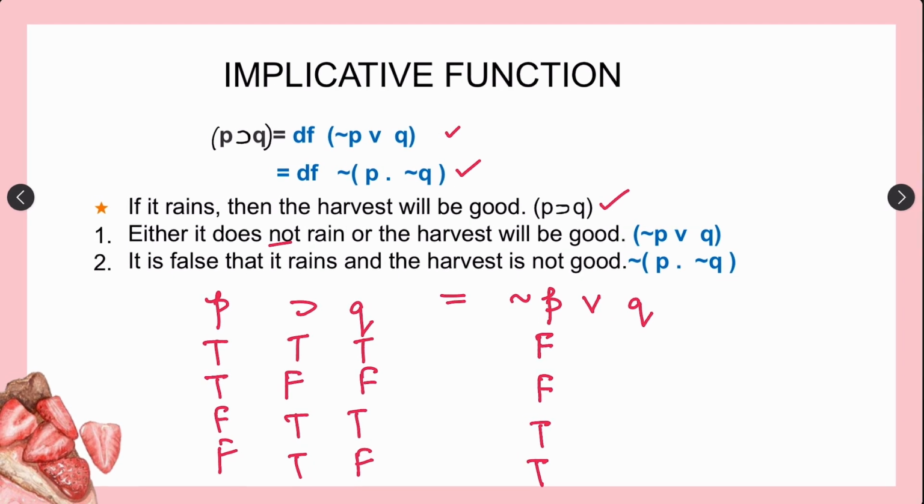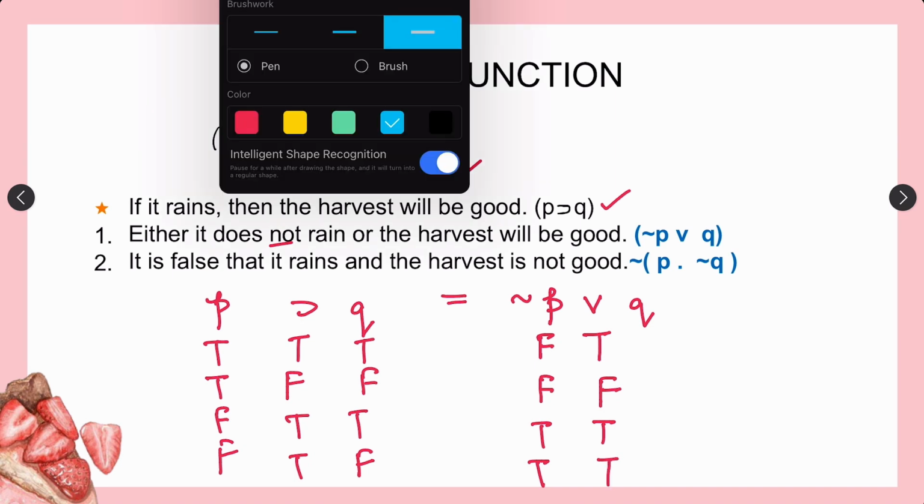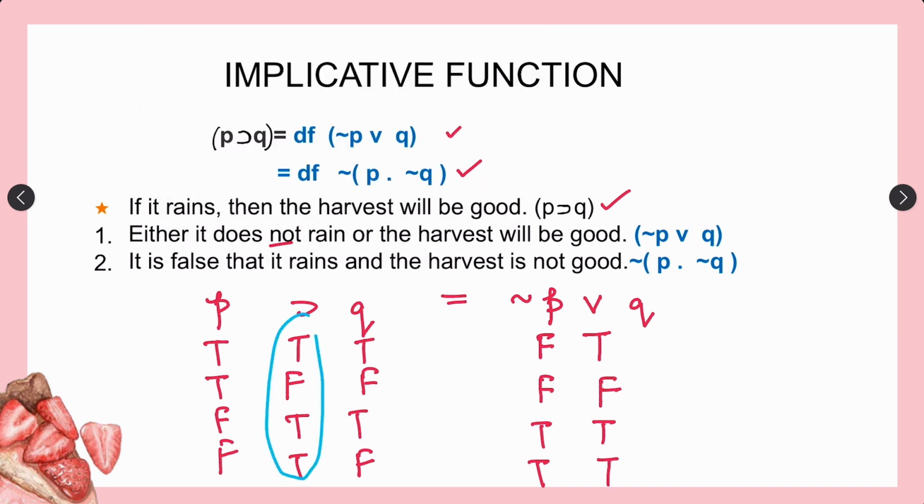So in case of true true it will be true, false false will be false, then again T, and then again T. Now if you see the final value over here and the final value over here, the value of both is the same. So this means that both are equivalent.